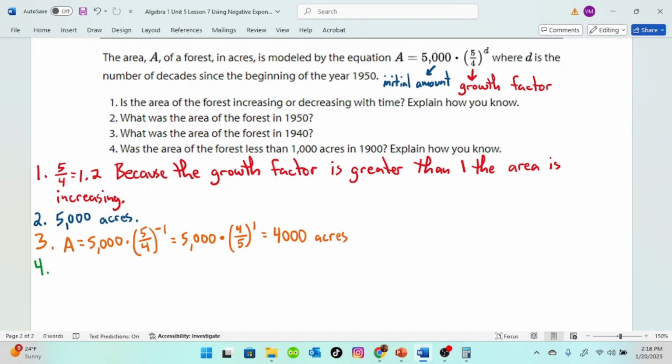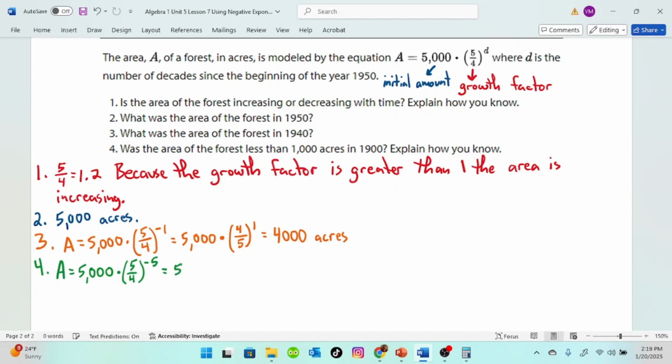And number 4, was the area of the forest less than 1,000 acres in 1900? Explain how you know. Well, we have the area equals 5,000 times 5 over 4 to the power of -5, because 1900 is 5 decades before 1950.